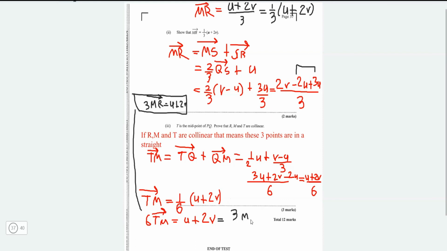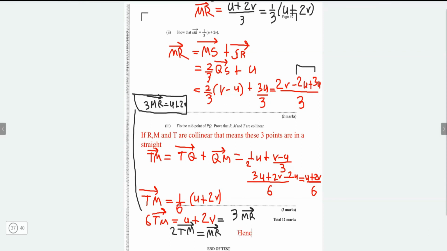So 6TM equals 3MR. And so therefore they are parallel to each other, because if you divide both sides by 3, that works out to be 2TM equal to MR. And so they are parallel to each other.